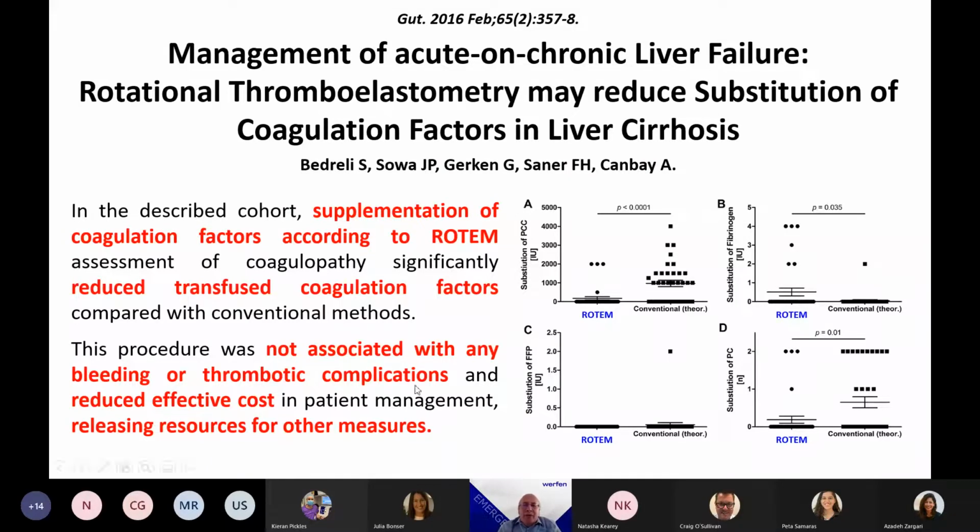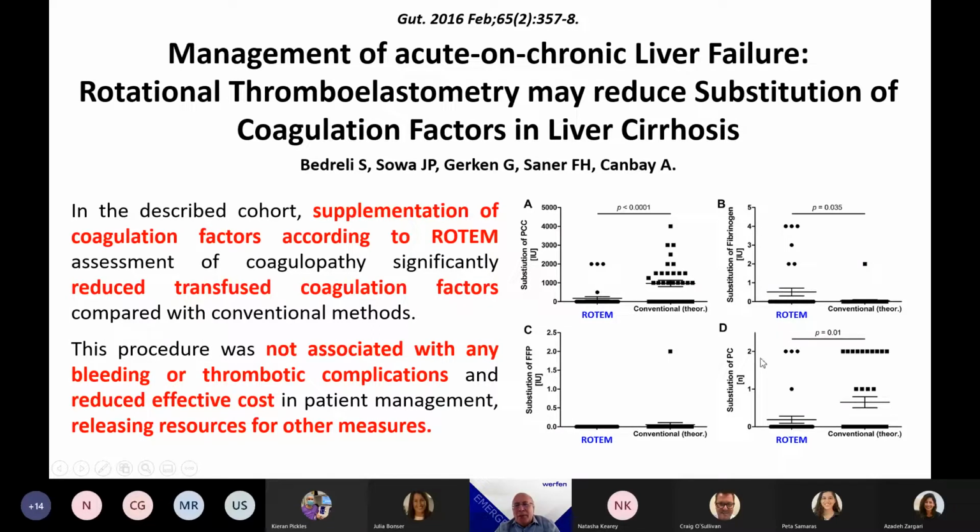And you could see here that there was no reduction anymore in plasma transfusion, because even our hepatologists don't use plasma anymore. But what we see, even when we talk about PCC, is that in the ROTEM group, which might reflect better thrombin generation compared to INR, only a very small number of patients were treated with PCC.